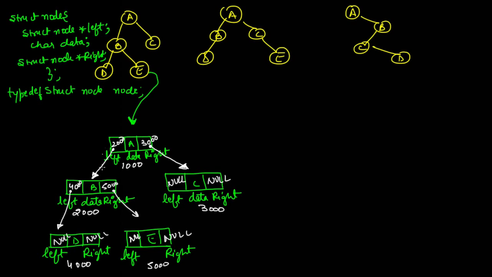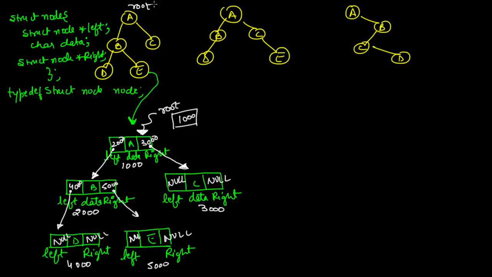So instead of showing all these things which actually denote a node, I use this circle. Whenever I am writing a circle, that means we are having the nodes like this. And this is actually pointed to by a pointer which is called a root. That means there is a pointer root which is storing 1000 in it. So for every tree there will be something called a root.